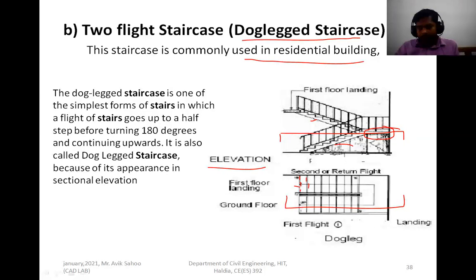This line comes as a dotted line because it is above the reference plane we have considered, and the portion above the reference plane comes as a dotted line on plan, whereas the portion below the reference line comes as a solid line. That's why the solid line comes here and the dotted line there.